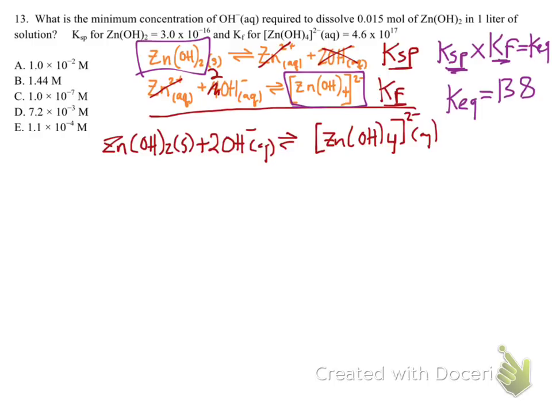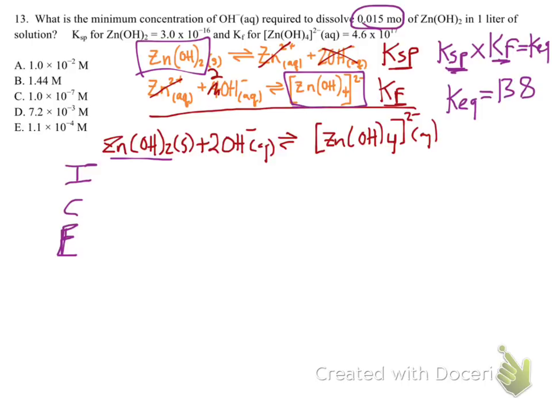Okay, now we have our KEQ and we have our reaction. The last thing we want to do is find out the concentration of hydroxide that we would need in order to dissolve this. Remember, for KF problems, we can use the ice table remix. And what I mean by that is we know that we want to dissolve 0.015 moles of this zinc hydroxide. Okay?